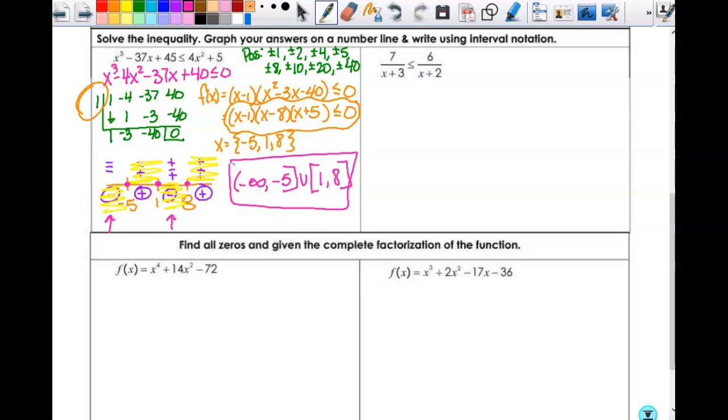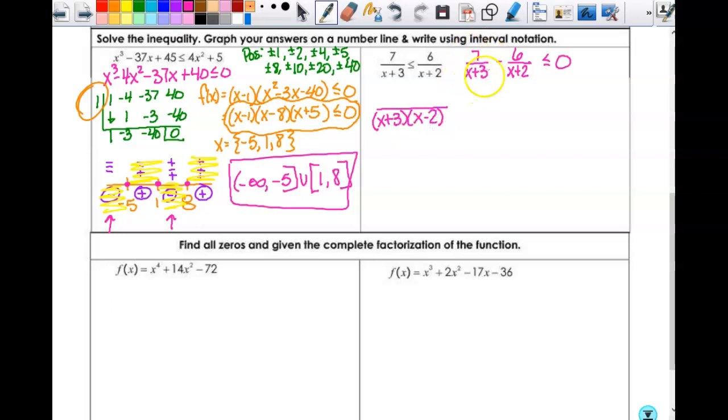Alrighty. The next one. This is going to be rational, so I got to get them all to one side of the inequality sign first. So I'm going to subtract this from both sides. So I'm going to get 7 over x plus 3 minus 6 over x plus 2. Okay, and that's going to be less than or equal to 0. All right, so my least common denominator is going to be x plus 3 times x plus 2.